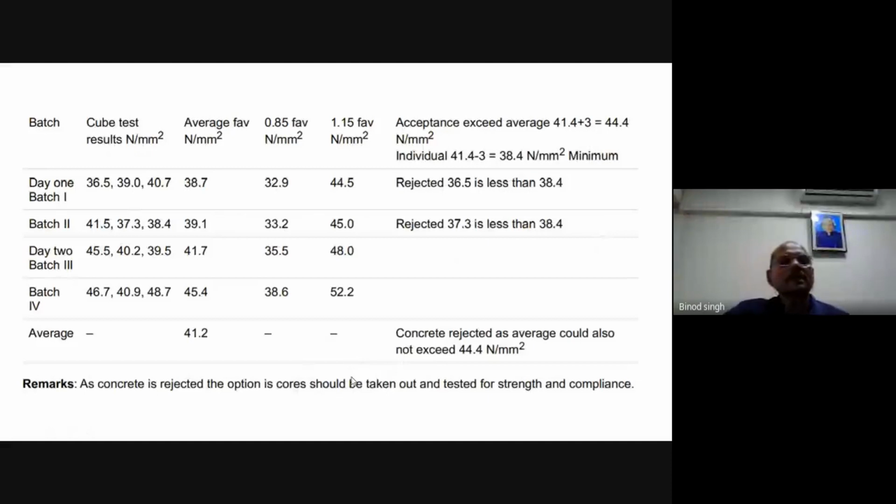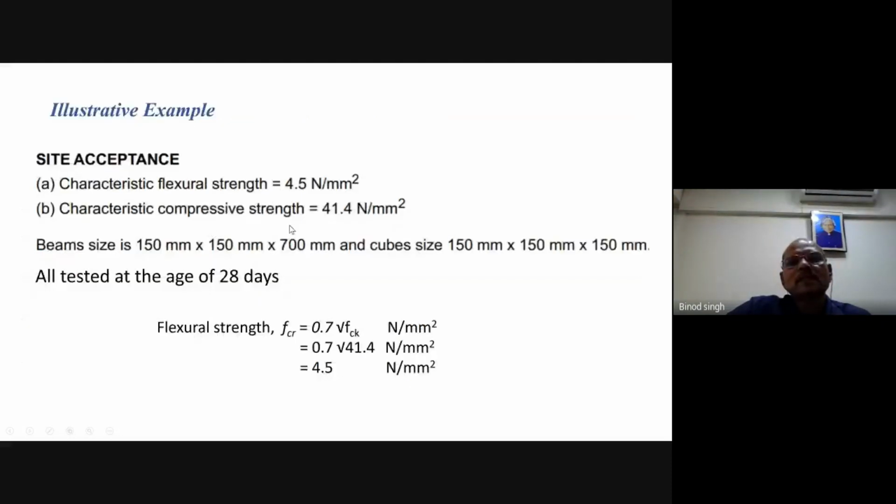Here, for the day one batch, we have cast cubes and taken the test result at the age of 28 days. One cube has given a strength of 36.5, another 39, and another 40.7. Our cube strength requirement is 41.4.